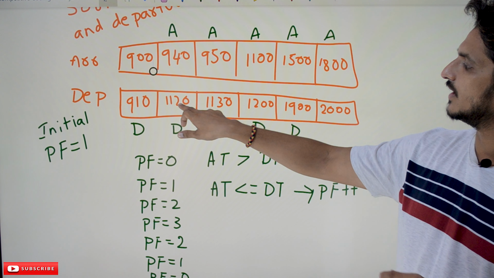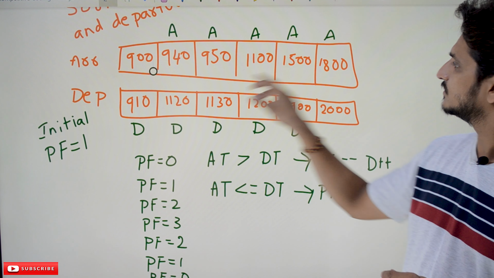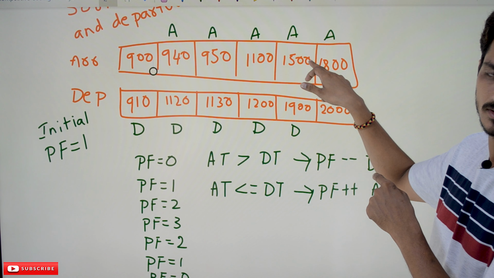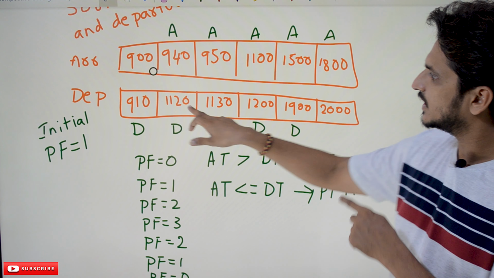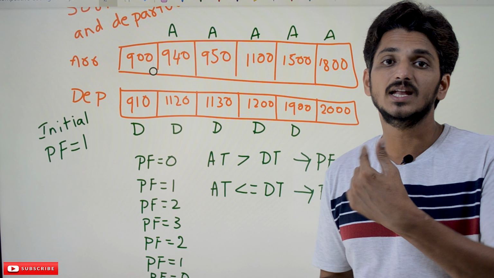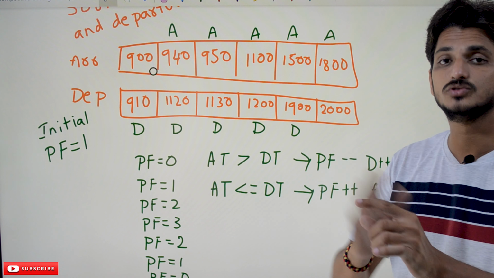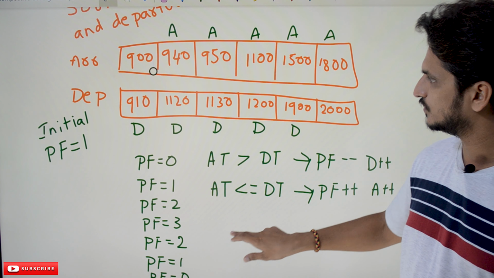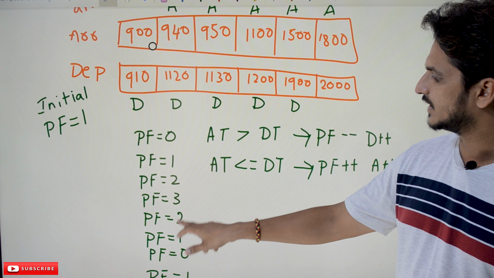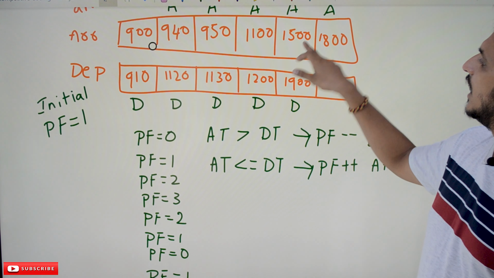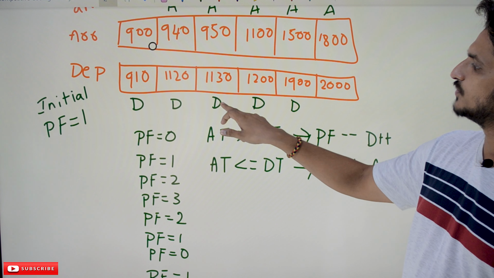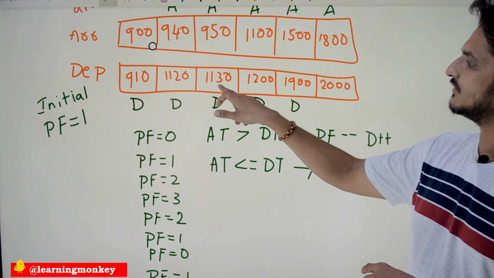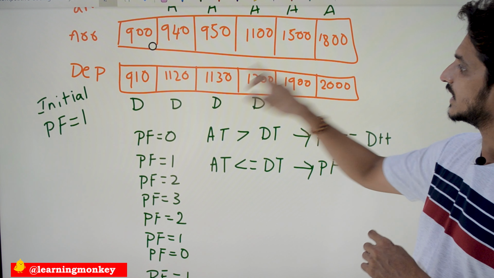15 is greater than 11:20, which means by the time the next train arrives at 15 hours, the 11:20 train is already leaving. So we have to reduce the platforms. That's why platform minus, going to 2. Platform minus, 2 platforms. D++, D is pointing to here. 1500 greater than 11:30.